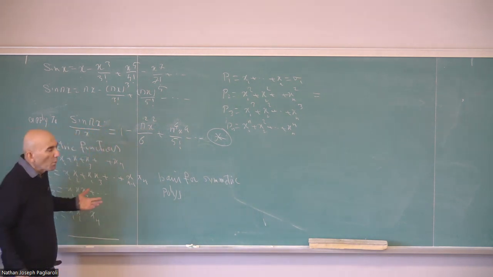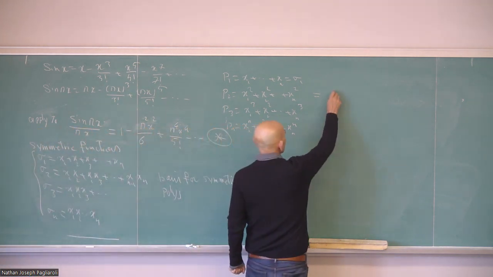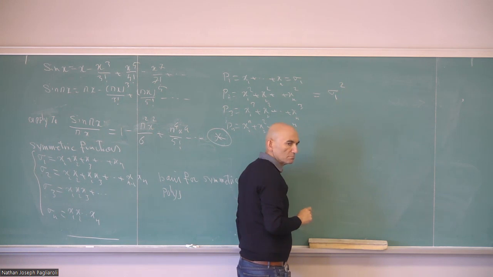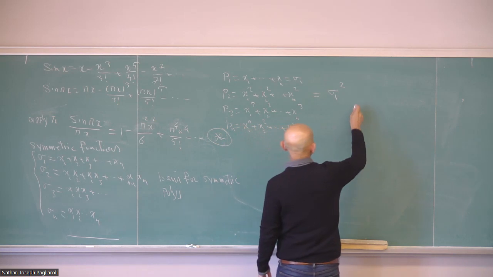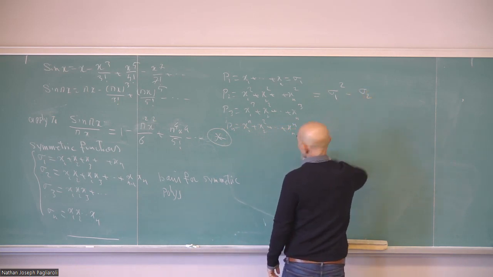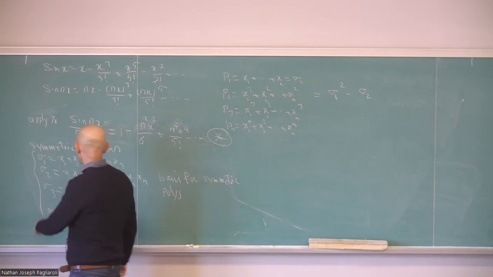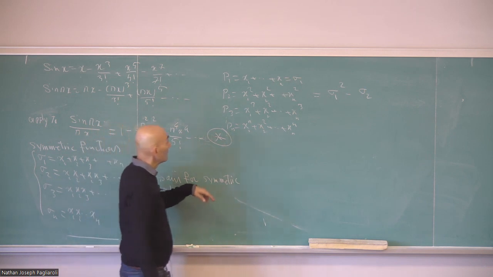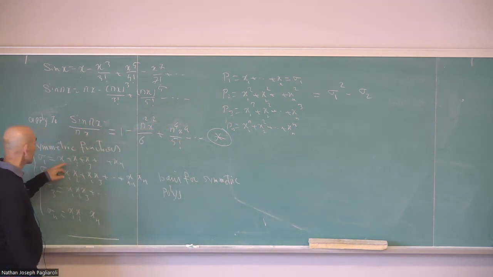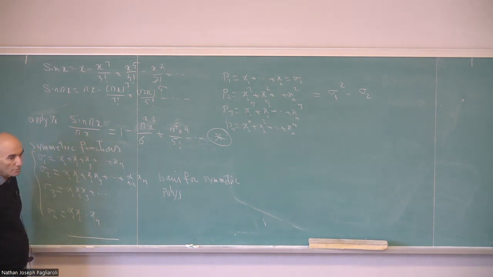Sigma 1 squared, right? And then subtract sigma 2. What happens? If I raise this to the power, I'm going to get... is that equal to that, or 2 sigma 2?